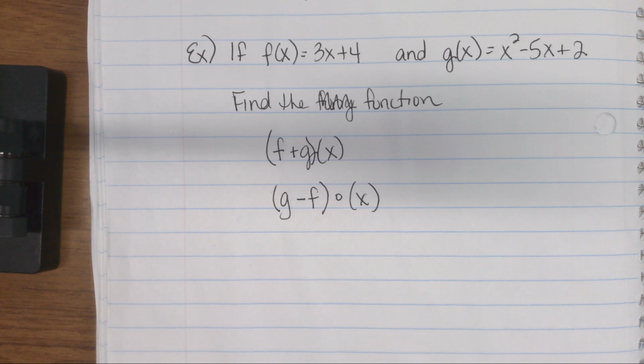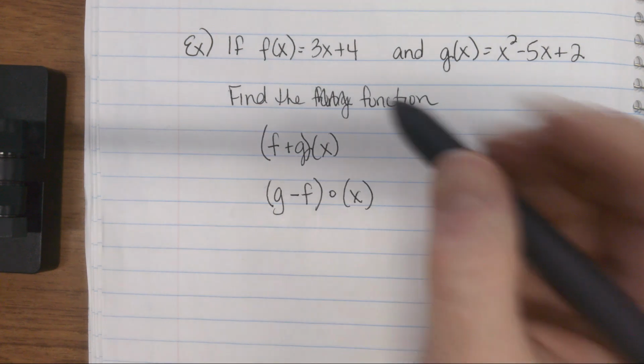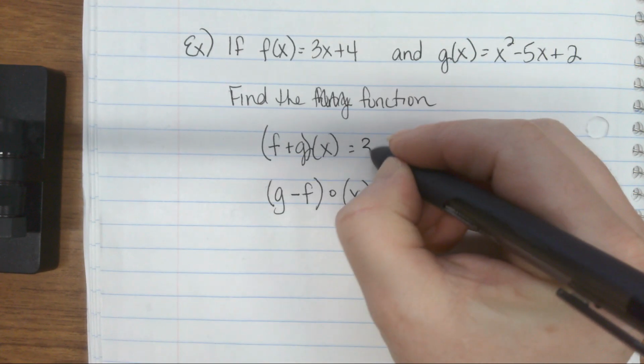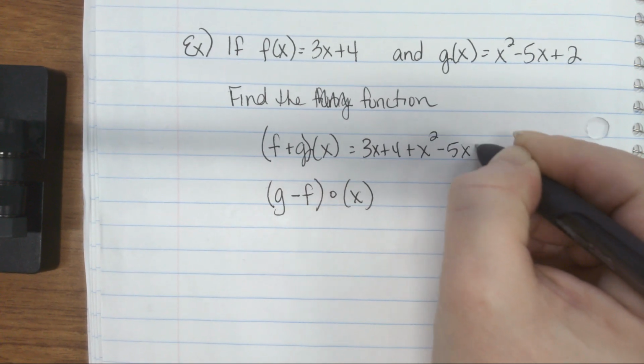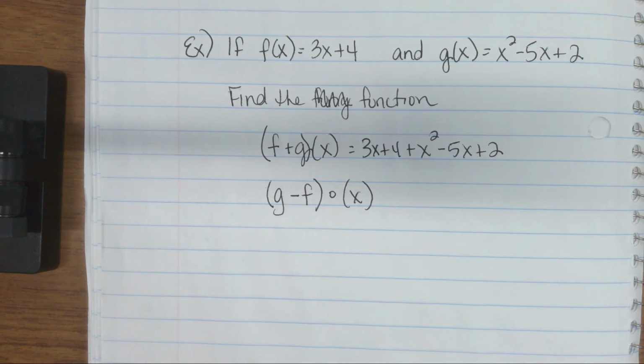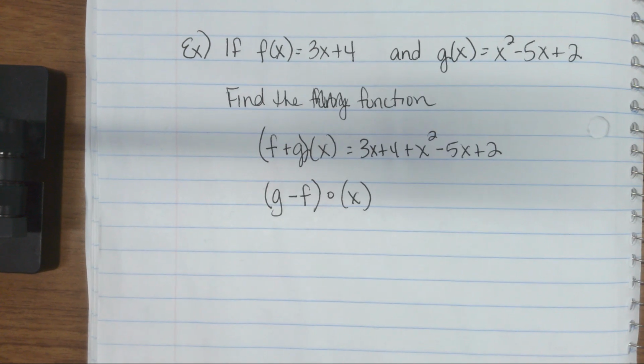All right, for this first one, I literally am going to add 3x plus 4 plus x squared minus 5x plus 2. At that time, what we're going to do is add any like terms that we have.